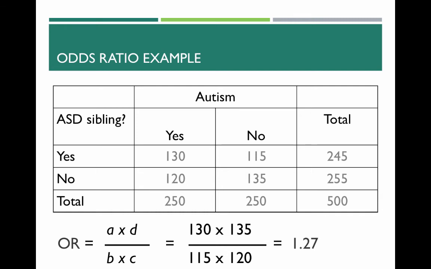So to calculate the odds ratio, we multiply cell A by cell D, A times D, divided by B times C. We call this the cross product ratio.